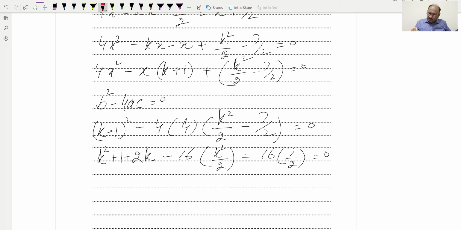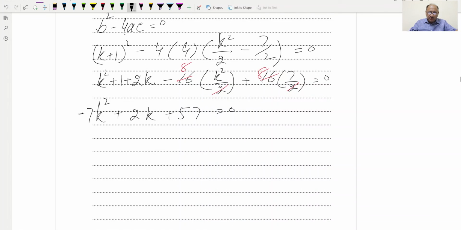Further we can cancel this 2, and this will be 8, and this also will be 8. Now we can rewrite k square as it is, and minus 8 k square, so minus 7k squared and plus 2k, and this 1 and 8 into 7 is 56, so 56 plus 1 will be 57, so our final equation will be this one.